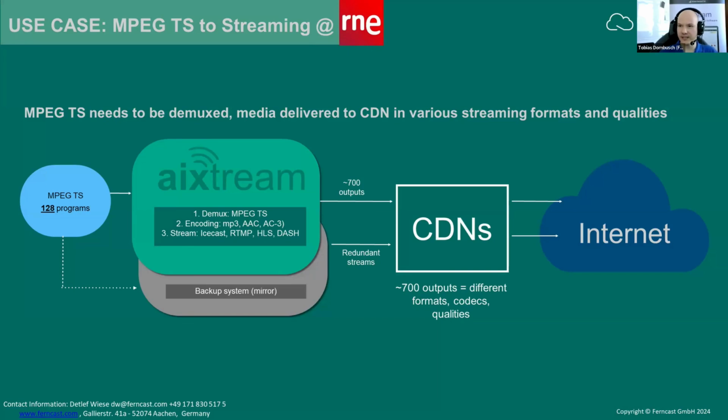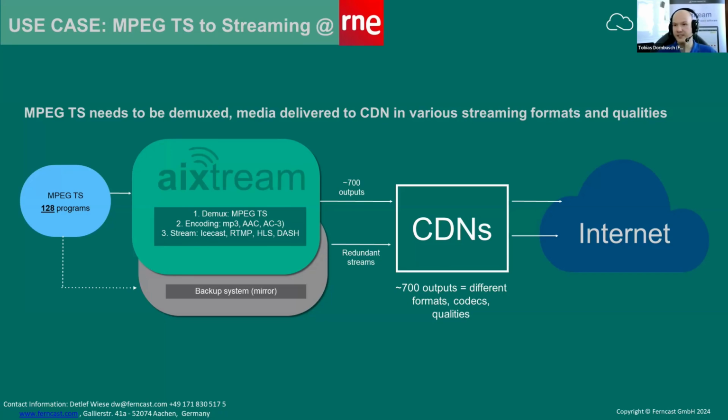Somewhat unusual also on the input side there, because it's not an analog, digital, or even AES67 kind of input that is coming in, but actually an MPEG-TS of 128 programs, which is demuxed in our system, and then encoded in various formats, including MP3, AAC, even AC3, so Dolby formats, and then distributed on to the CDN, all sorts of streaming formats: Icecast, RTMP, even HLS and Dash.